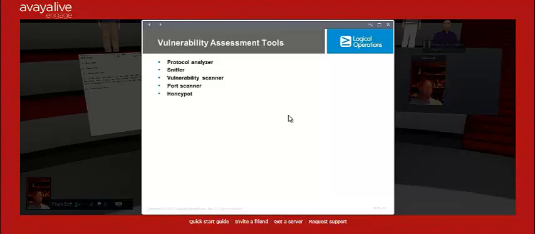So these first two on the list, protocol analyzer and sniffer, packet analyzer, are essentially the same thing. Generally, and this is not federal law or anything, a protocol analyzer is implemented as a piece of software, a program like Wireshark, or if you're a Microsoft guy, there are products called Network Monitor, and there are others.